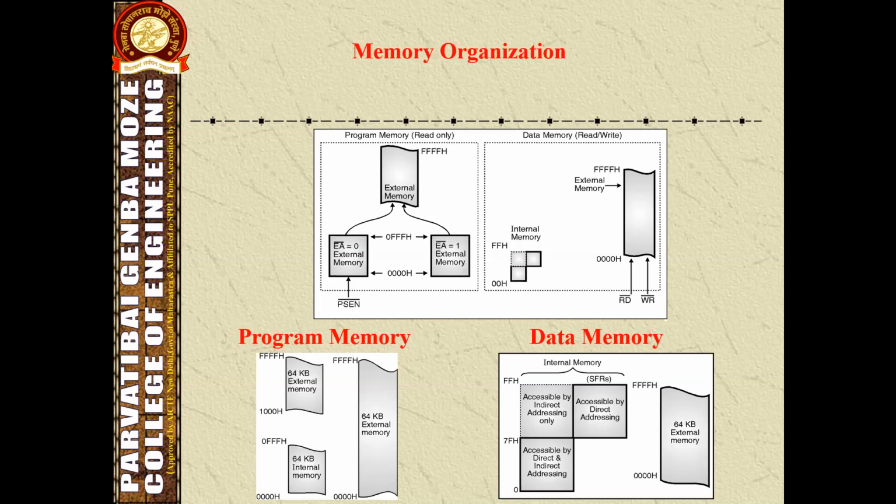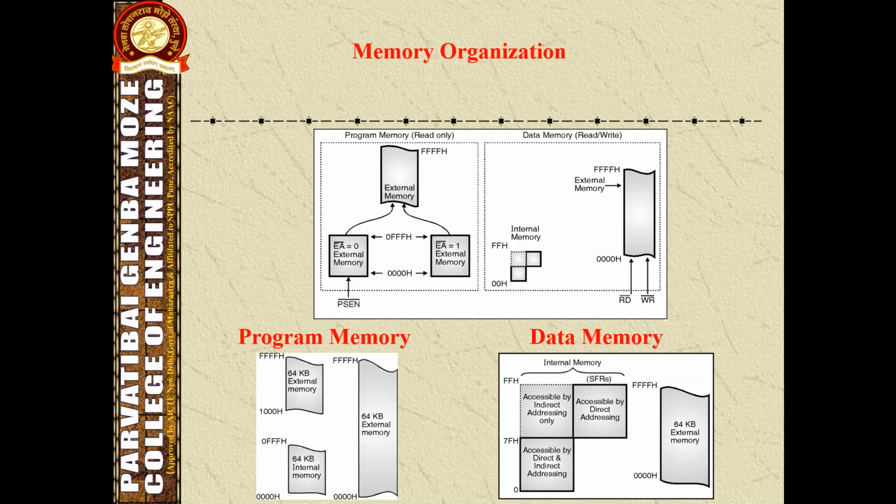The MOVX instruction is used to access the external data memory. The internal data memory space is divided into three blocks: the lower 128 bytes from 00H to 7FH, the upper 128 bytes, and the SFRs.